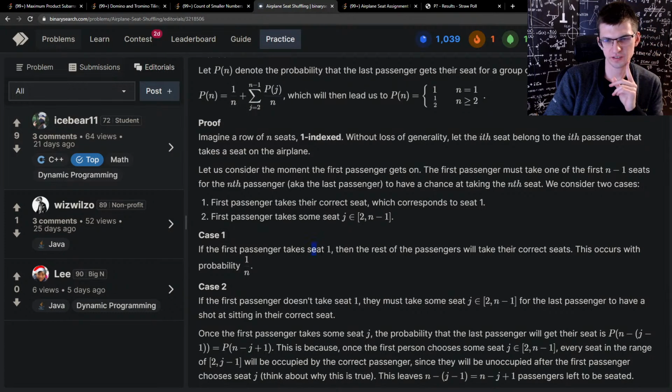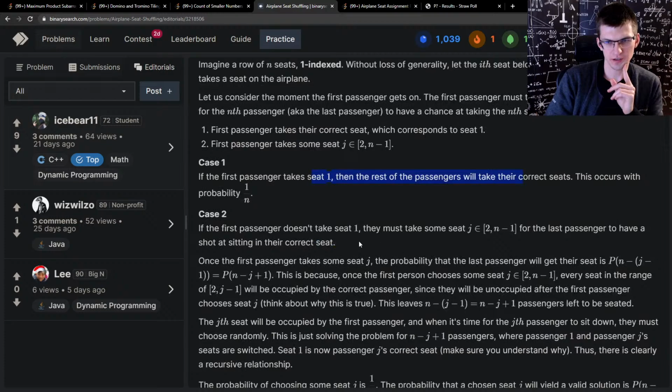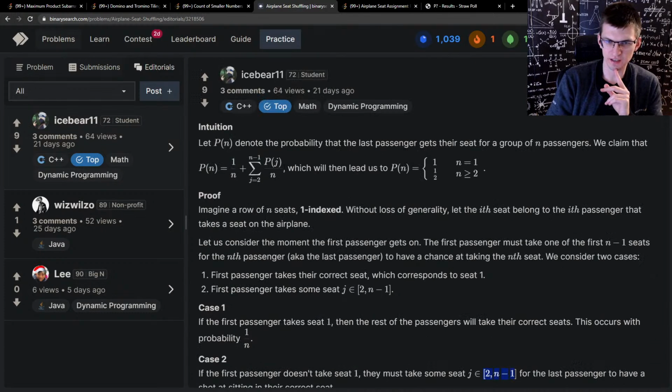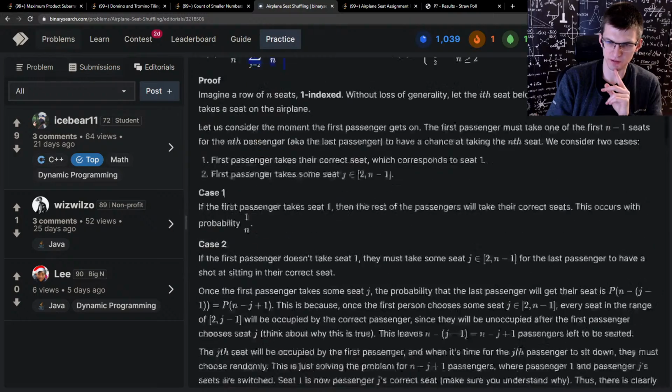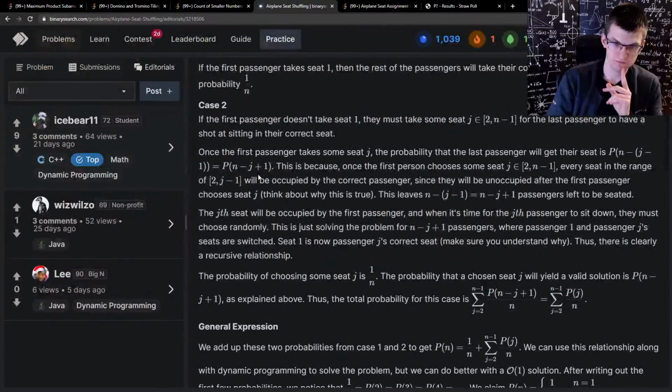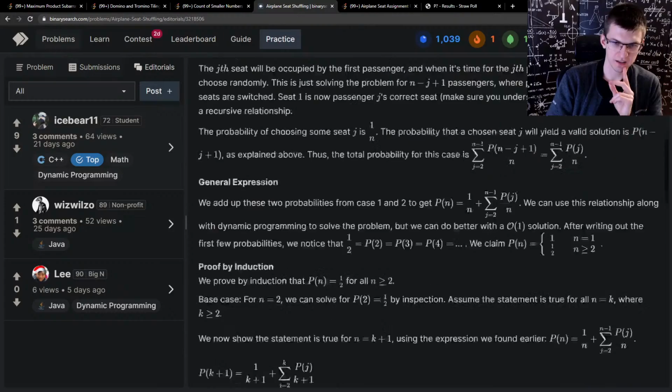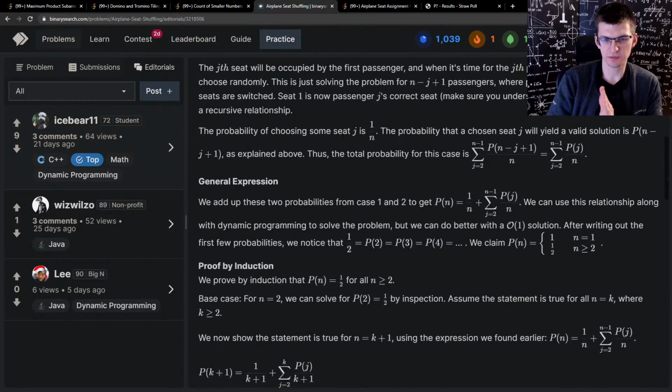If the first passenger takes seat 1, then everything is good. If not, then the next person that will move strangely is a random person from 2 to n minus 1. Hence, they take average of those probabilities. Okay, I understand exactly this proof.